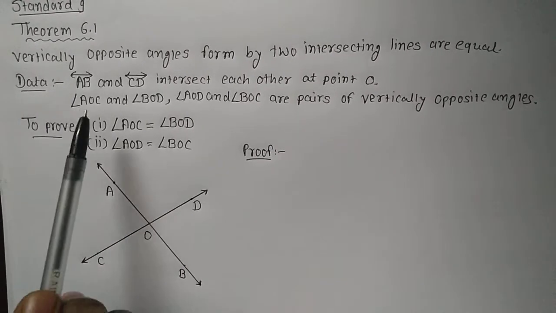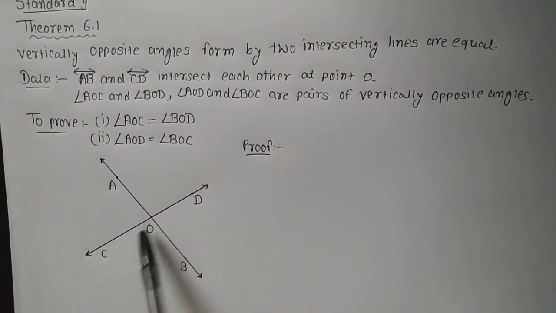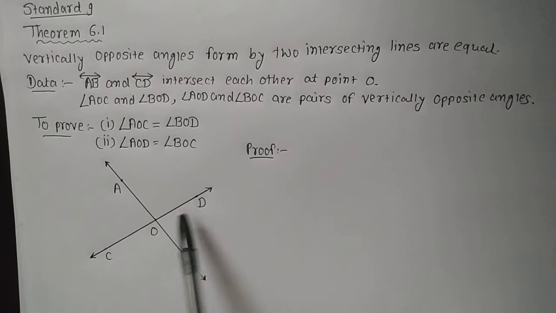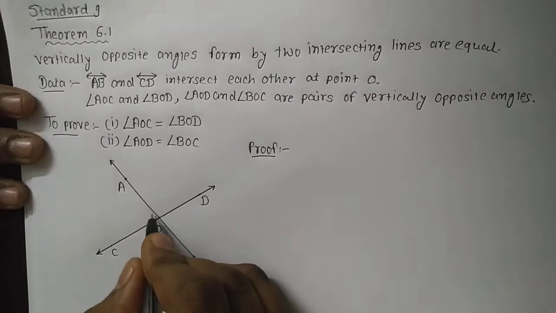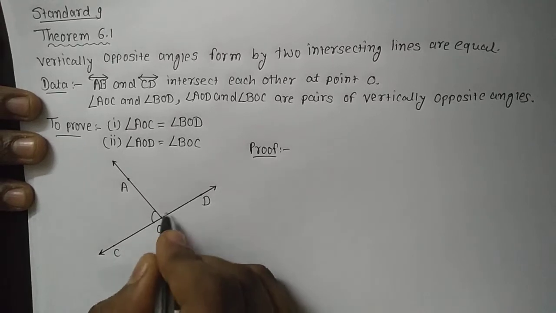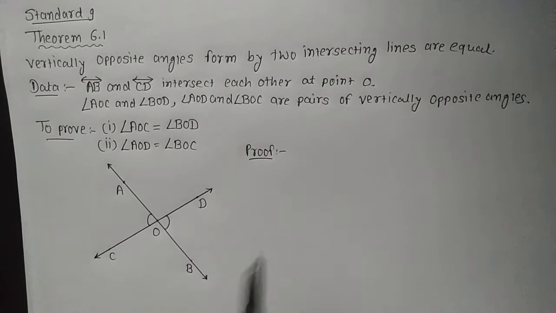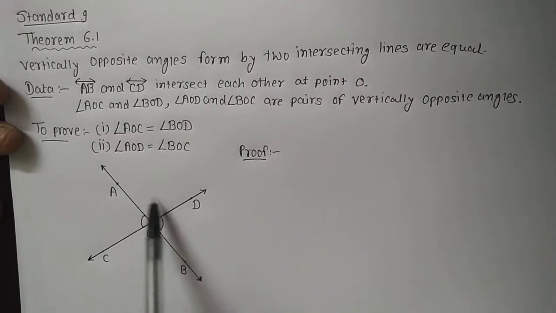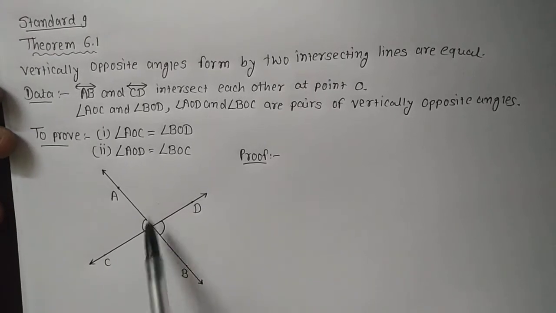Now what do they say? AOC and BOD. You can see this makes the cross. It means AOC, this one, and BOD, this one, they are vertically opposite angles, as well as AOD, this, and BOC, this and this, the opposite to the cross.